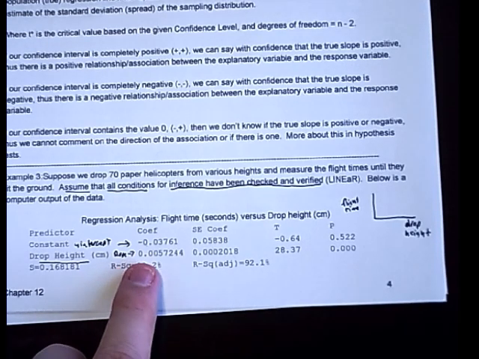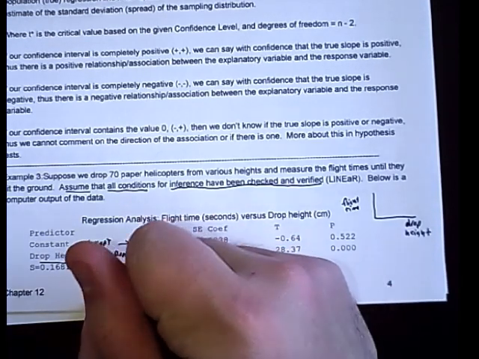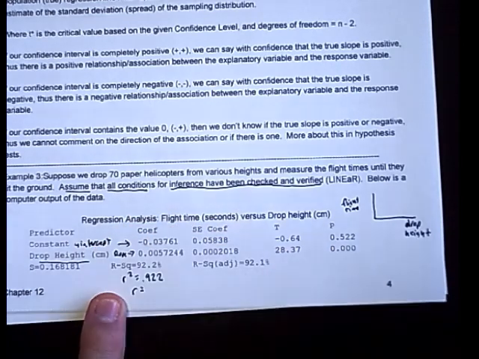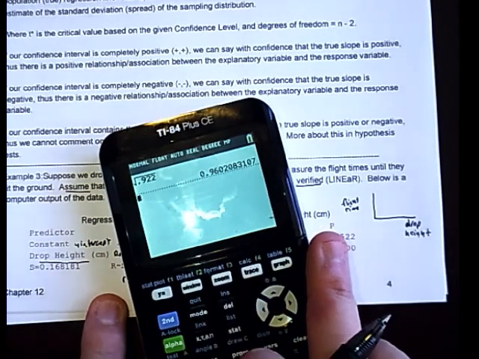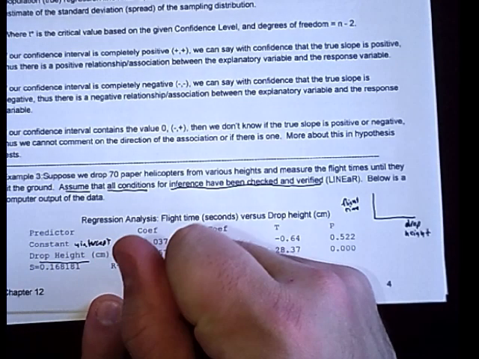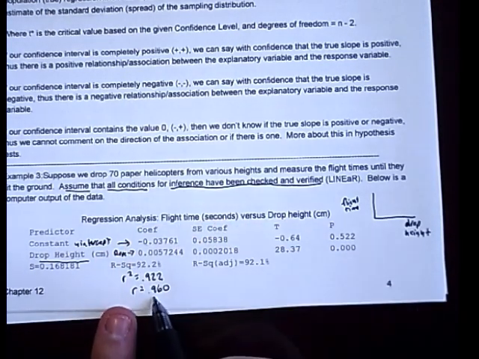R squared is 0.922 as a decimal, so if I wanted to find R, I would just take the square root of 0.922, which, I'm just doing it in my calculator, is 0.960. And I would have to know whether it's positive or negative.